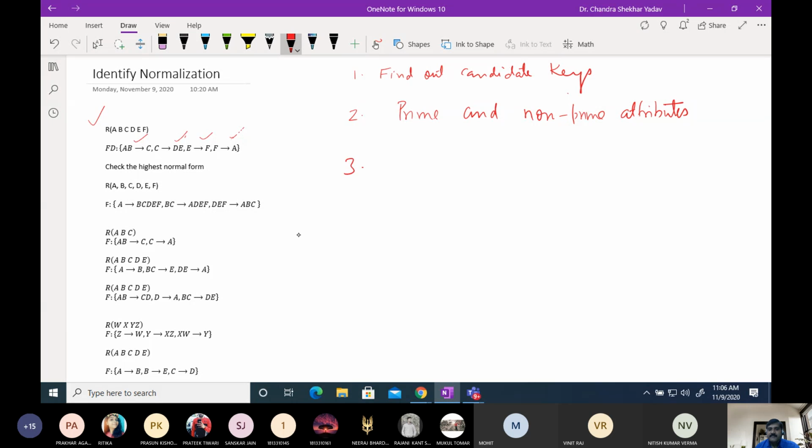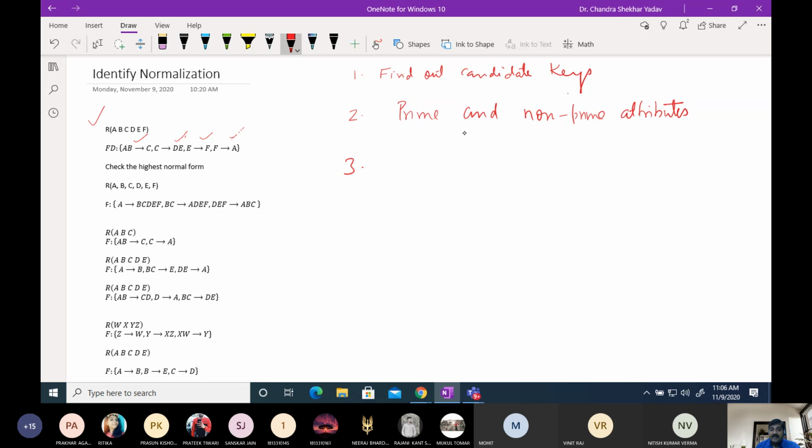Then in the third step, we will check each functional dependency, whether this functional dependency is in BCNF. If the left hand side of all the functional dependencies is a super key or candidate key, then you can say that R is in BCNF.